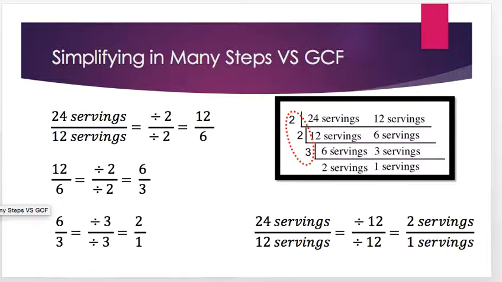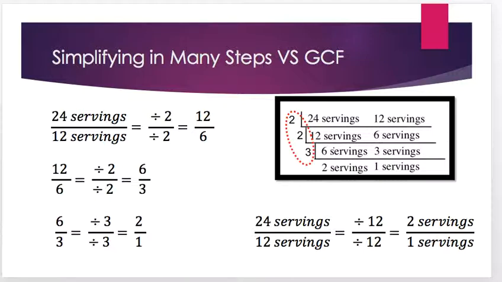At this point, I still am not in simplest form. 6 and 3 do have a common factor, which is 3. So 6 divided by 3 is 2, 3 divided by 3 is 1, and now finally, after 3 steps, I have a simplified fraction. 24 over 12 is the same as 2 over 1.